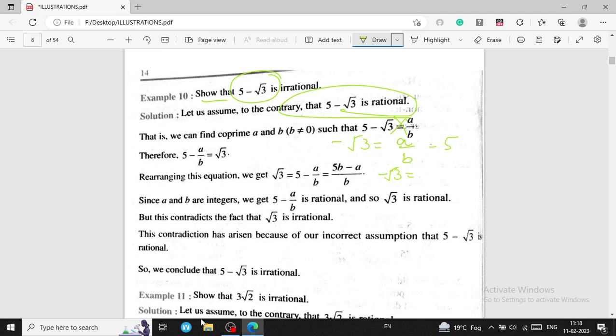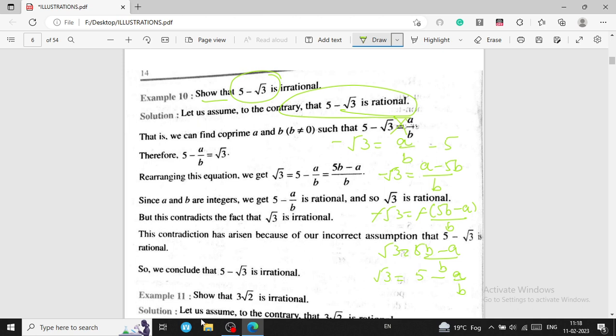Minus root 3 is equal to, take the LCM, a minus 5b, and when we write it, minus is taken common, 5b minus a over b, minus cut with minus, we will find 5b minus a over b, or you can say 5 minus a over b only, because this b will be cut with this b.